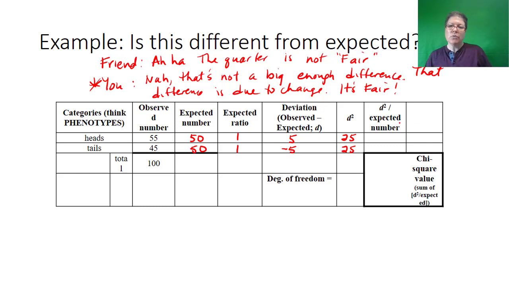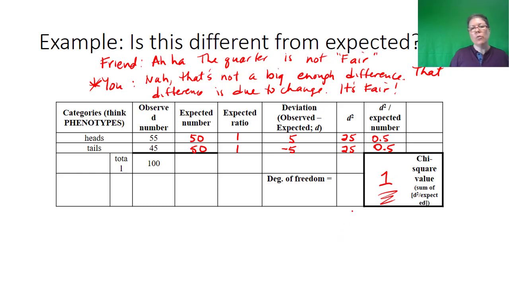All right, d squared divided by expected. 25 divided by 50, 0.5. 25 divided by 50, 0.5. We add these together. Your chi-square is the sum of those. 0.5 plus 0.5 is 1. This is your chi-square value.